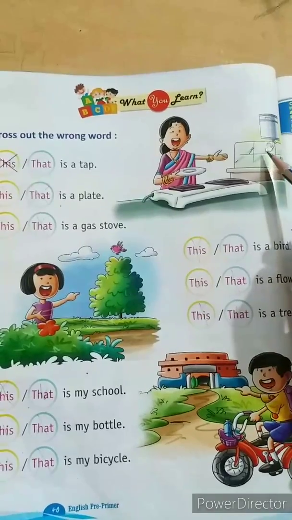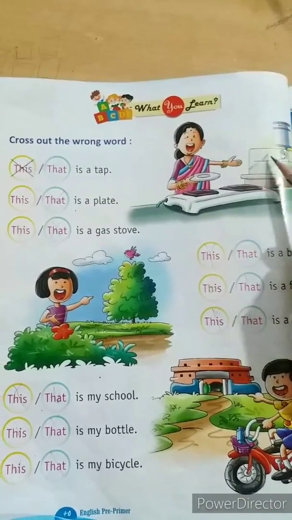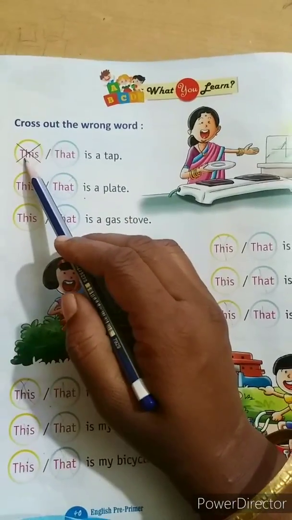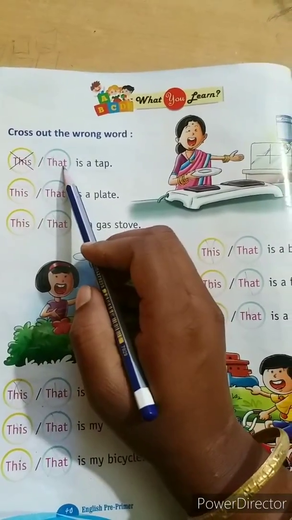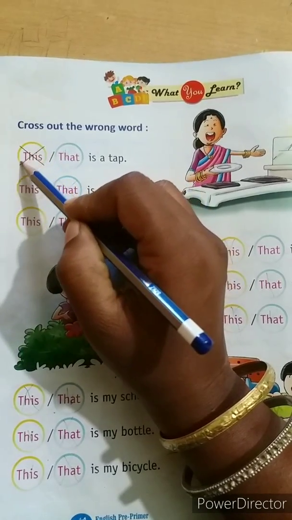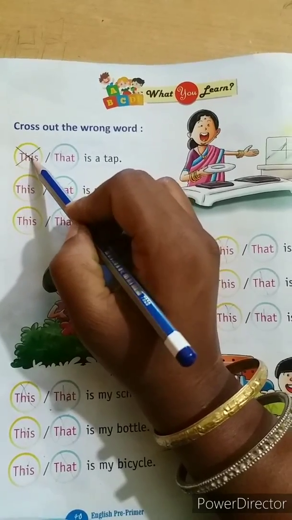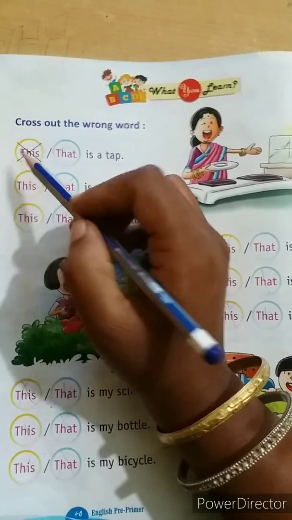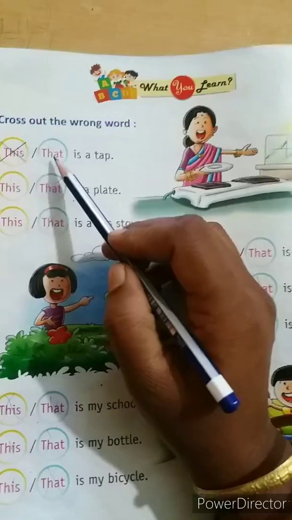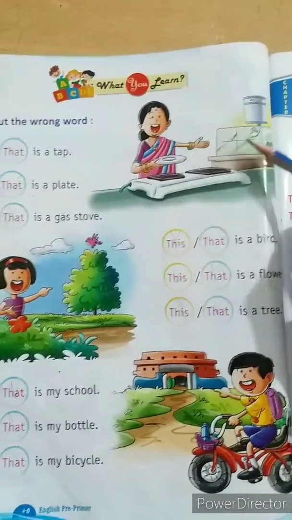As we know, for things which are far away we will use that. So this is wrong, that is correct. Here we have to cross out this word, and the correct one is that. That is a tap because the tap is far away from mummy.